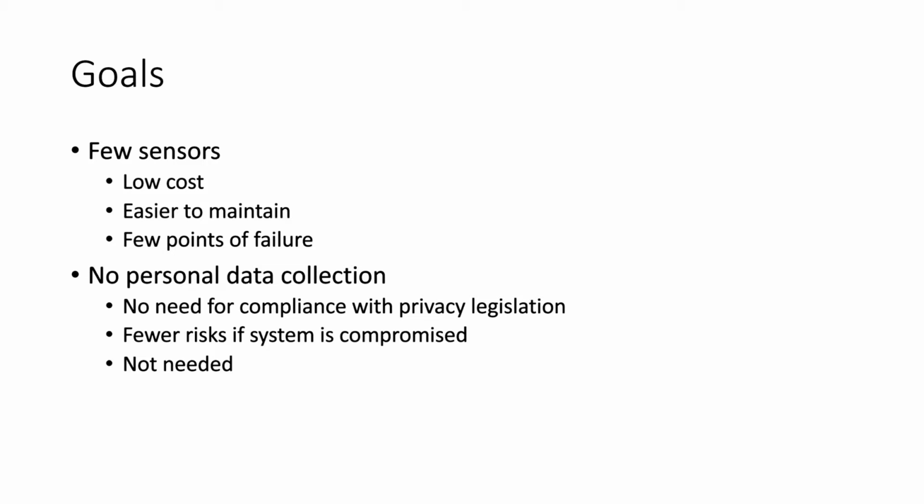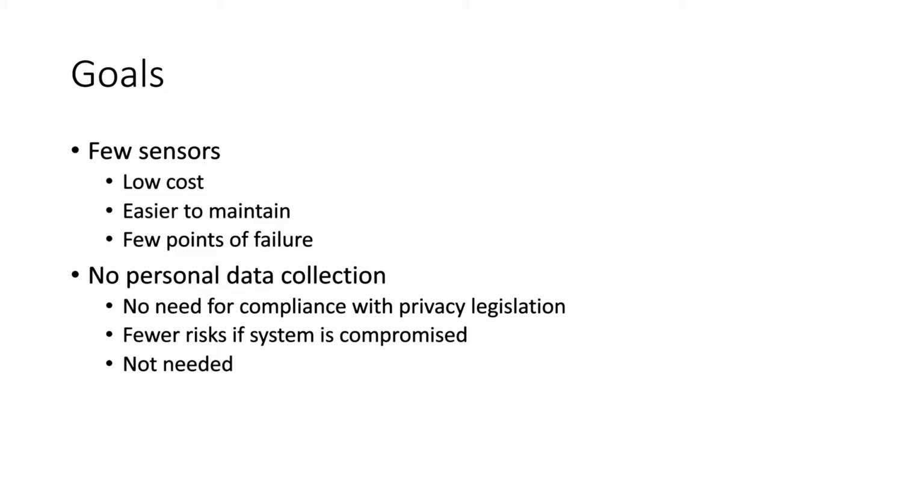As I've talked about before with that camera, if you're collecting personal data, you have to do a lot of storage of that data, and it can also be pretty bad if your system is compromised. Without collecting personal data, you don't really need to comply with any privacy legislation because you don't have any identifying information. There's fewer risks if your system is compromised.